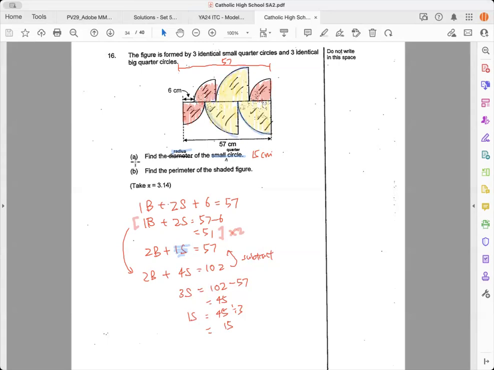This part is 3/4 of the circumference of a big circle with diameter, no, we have to find the diameter first. Okay, let's find the diameter of the big circle. We have the small one. This is the radius of the small circle, right? Let's find the big one.